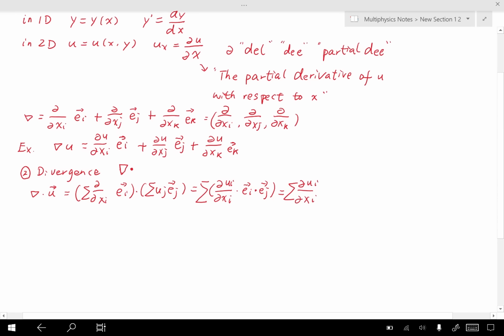And for the dot product of e_i and e_j, we will have this. So if we write it down using the Einstein convention, it's just like this. Summation convention.